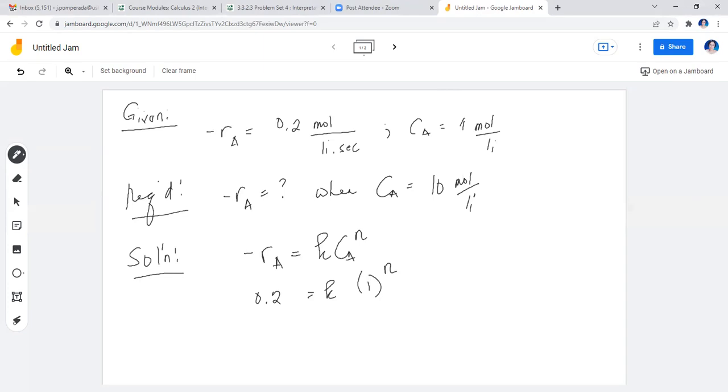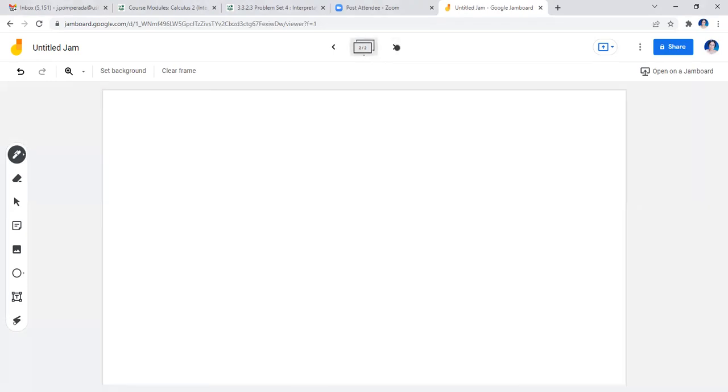So you have here k is equal to 0.2, because whatever the value of n, this would still be 1. So this is your k, and Vincent is correct.